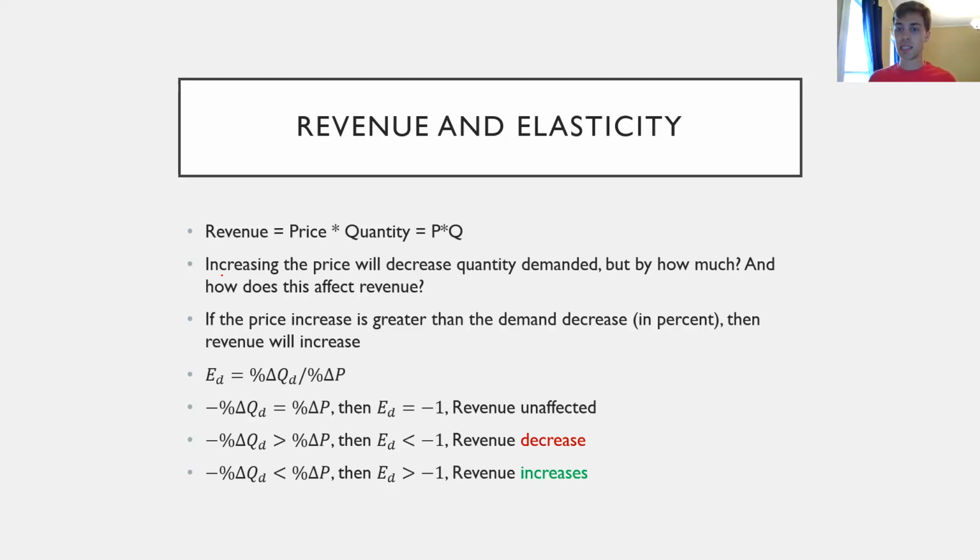That's what elasticity is telling us: how much demand is changing in response to a price change. We want to know how a price change is going to affect our revenue, given that it's not only affecting the price, it's also going to affect how many units we're selling. So basically the rule here is if the price increase is greater than the demand decrease that results from the price increase, then this will increase our revenue.